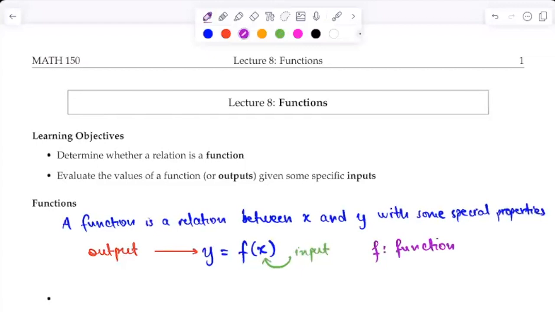And usually in mathematics or physics or any sciences, when you use the letter f, it means function most of the time. Other letters that get used to represent functions include g, h, things like that. Depends on the situation, but most of the time we use f, g, and h for functions.